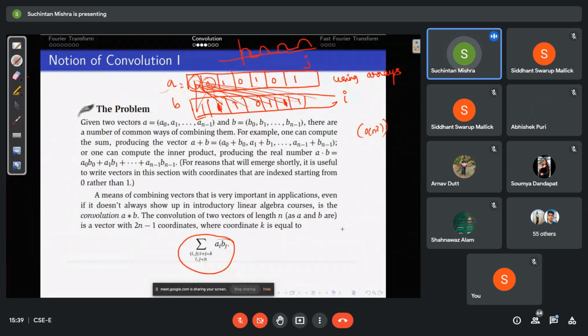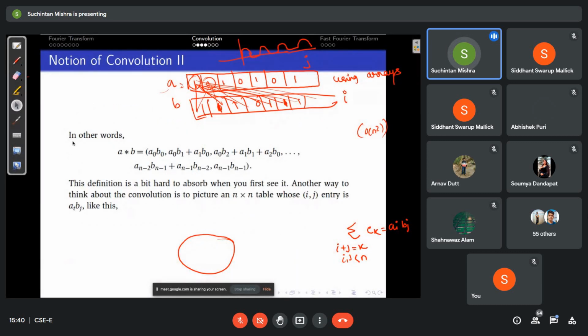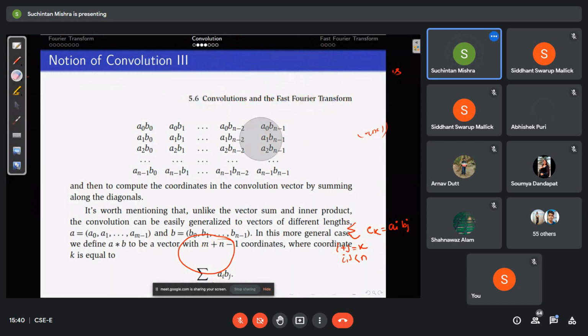Convolution says that every Ck is equal to the sum of Ai Bj such that i plus j is equal to k, and i and j are less than n. Now if we want to visualize how the array will look, the first elements will be A0 B0, A0 B1, up to A0 Bn minus 2.